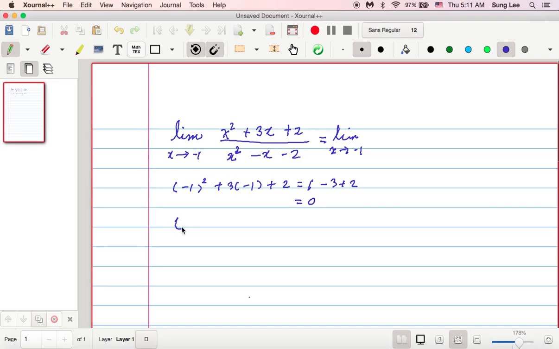And for the denominator, when you plug in x equals negative 1, we have negative 1 squared minus negative 1 minus 2. So that's 1, negative, negative becomes positive 1, and I have minus 2. Altogether, that becomes 0 again. So this is a 0 over 0 type indeterminate form.